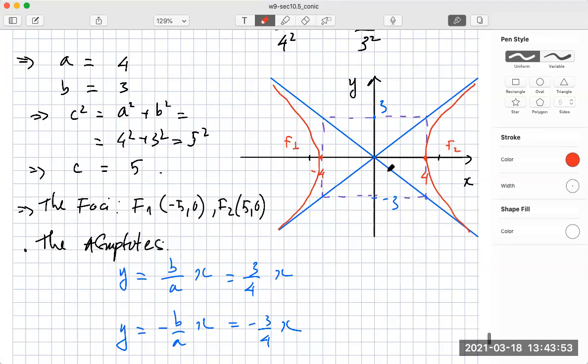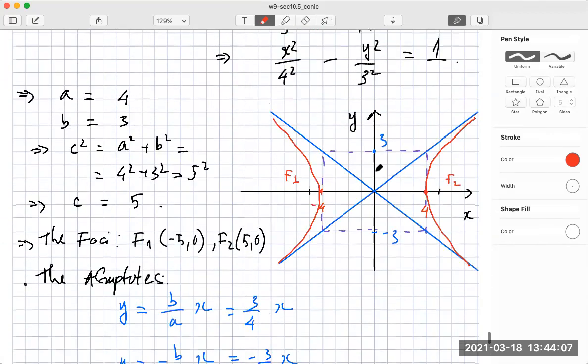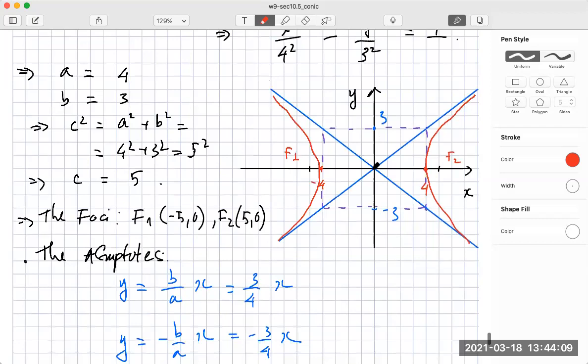So we play with ellipse, parabola, and hyperbola. Now, the next thing will be shifted conics. It means that the origin, this point, will be shifted somewhere.